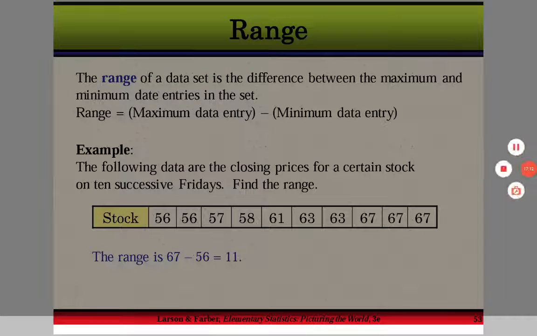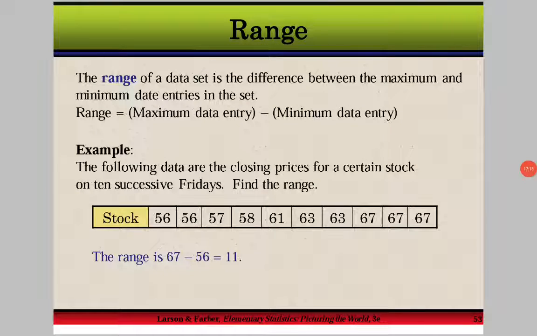So for example, the following data are the closing prices for a certain stock on 10 successive Fridays. Find the range. The stock prices are 56, 56, 57, 58, 61, 63, 63, 67, 67, like that.